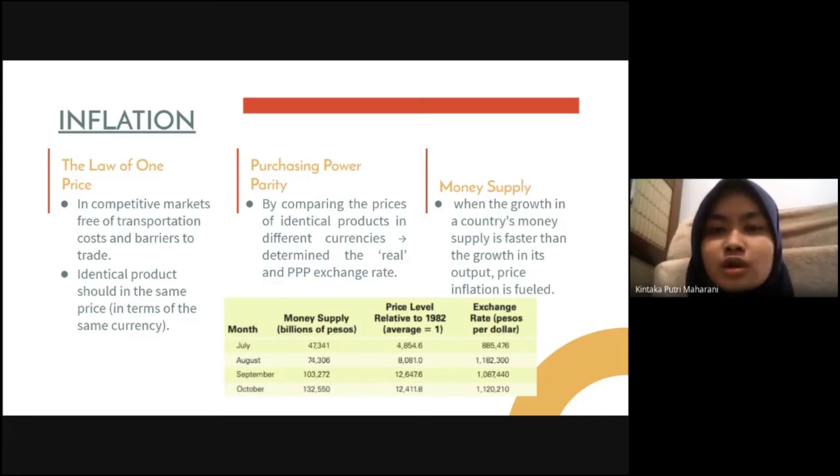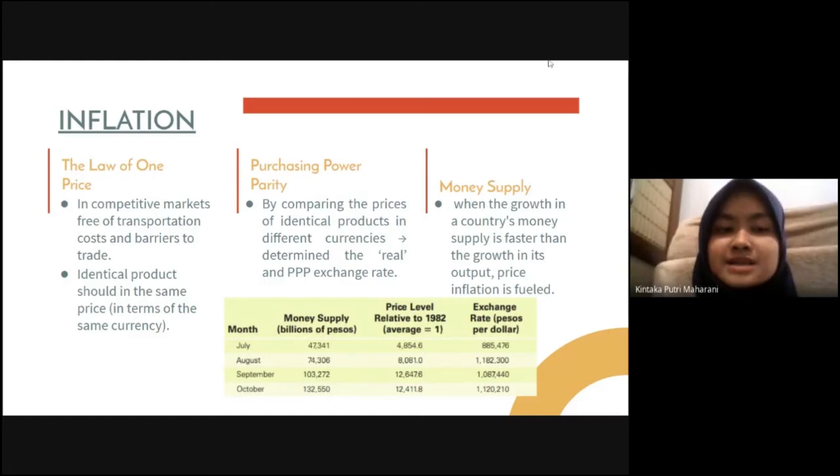Or we can say that it's $0.0001 per rupiah, or we can say that $1 is equal to 10,000 rupiah. According to the triple P theory, the price should be the same. If they are not, it implies that the currency is either overvalued or undervalued against the dollar or rupiah.